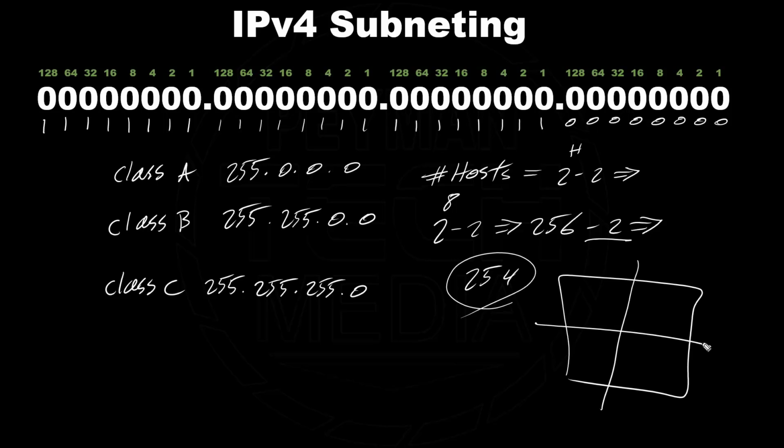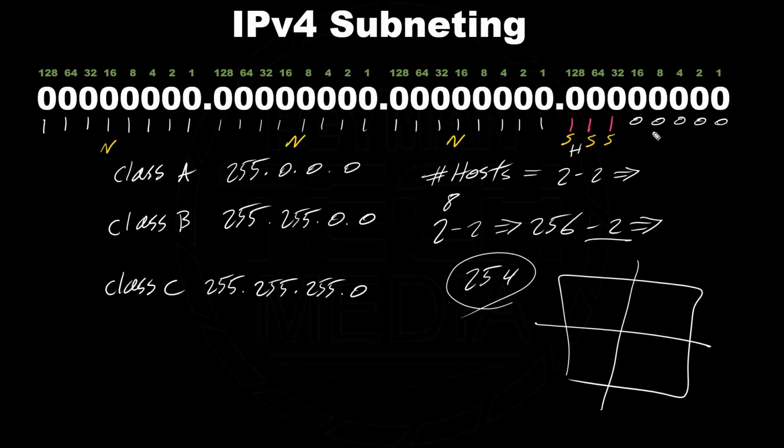Speaking about borrowing from host bits, it's pretty much when we have our network bits, and these are the host bits, the zeros, it's taking away from the host bits and borrowing into the network bits. So all these ones, these are the network bits. Here we borrowed from the host bits. This will be our subnet bits.